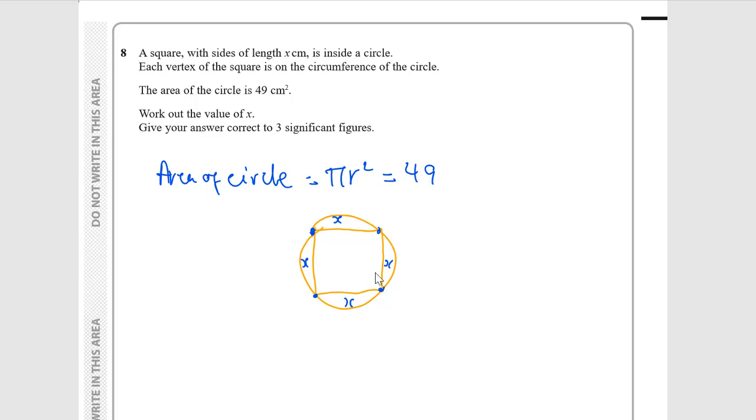So essentially we can rearrange. So we say, therefore, r equals the square root of 49 over pi. Right? And then we can simply say that if this is touching the circumference, and that is touching the circumference, we have a right angle here that is based on the circle theorem rule.